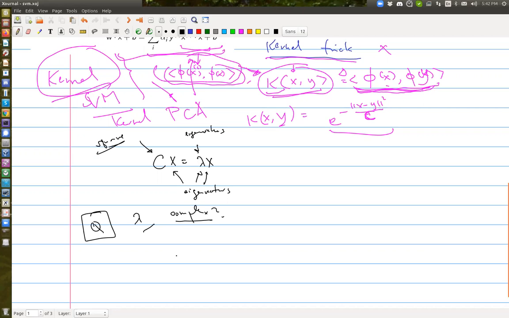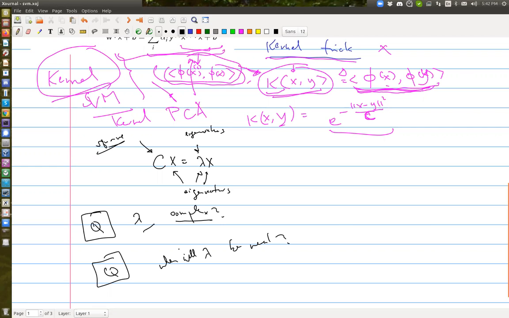And this may be a little bit more, but again, I want to just check your background. So when will lambda be real?